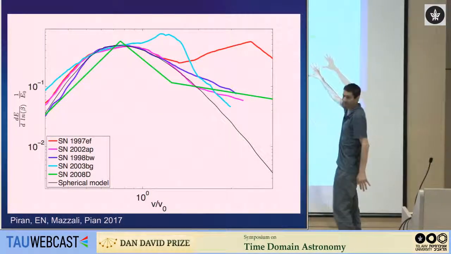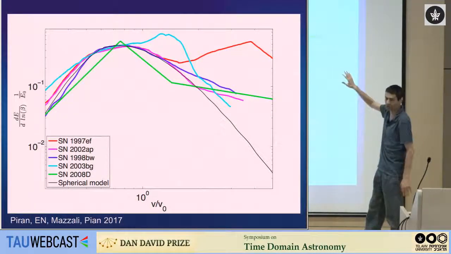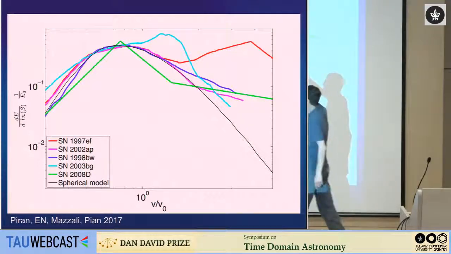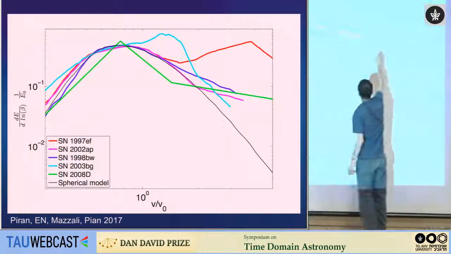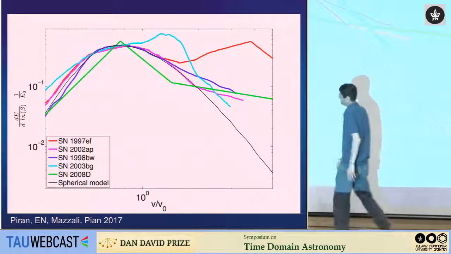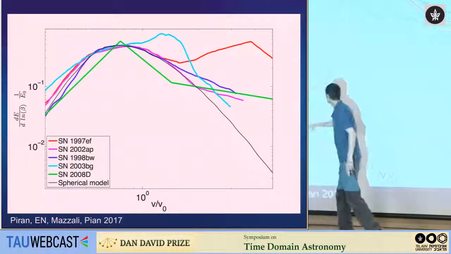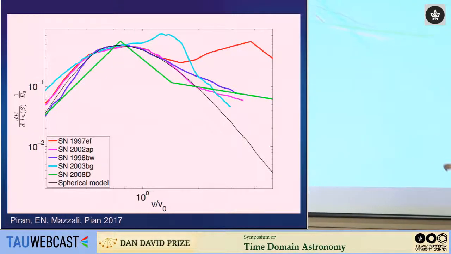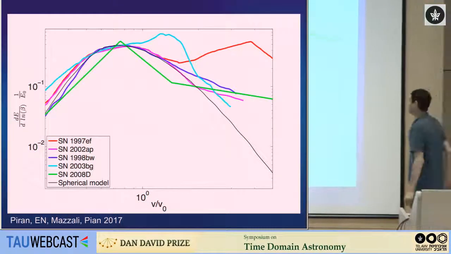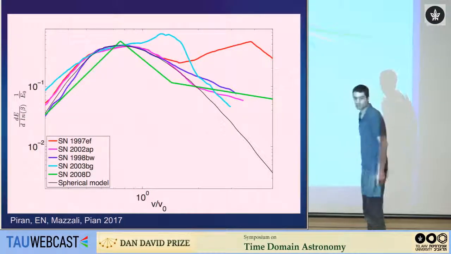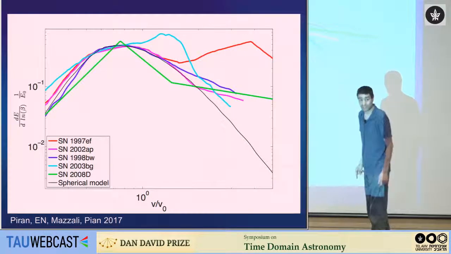We have a well-separated component with a lot of energy at very high velocities, about 0.2 c. In others, we also have a lot of energy at very fast velocities, much more than expected. In this one, 03BG, we have this weird bump.